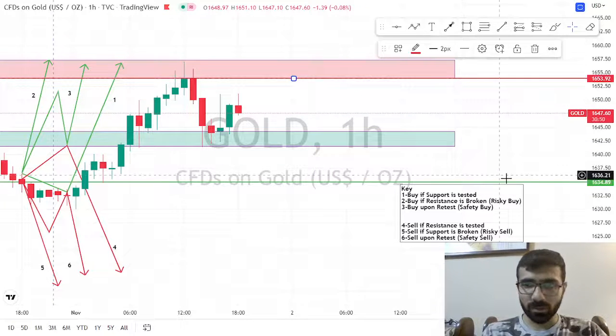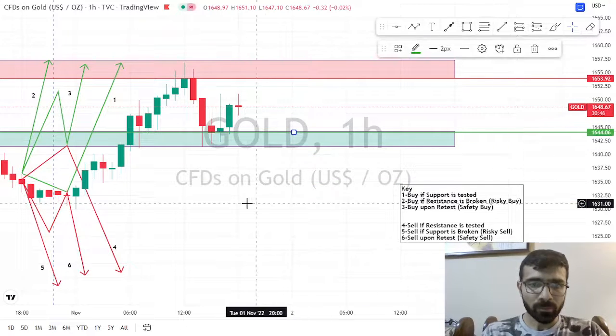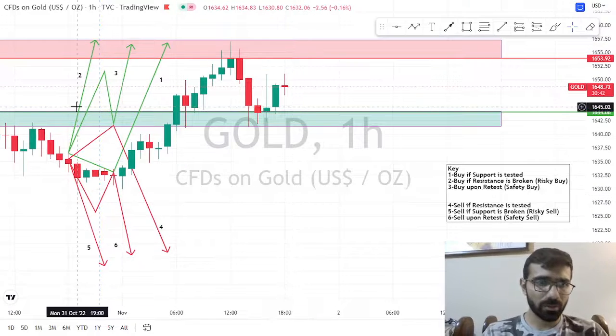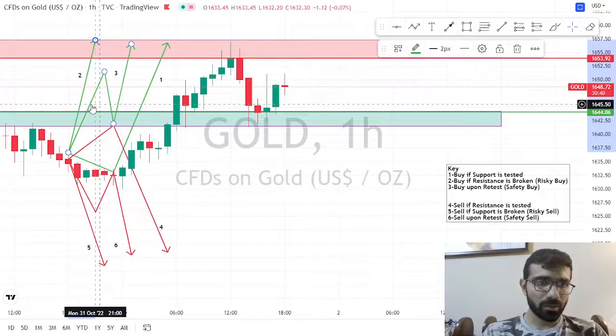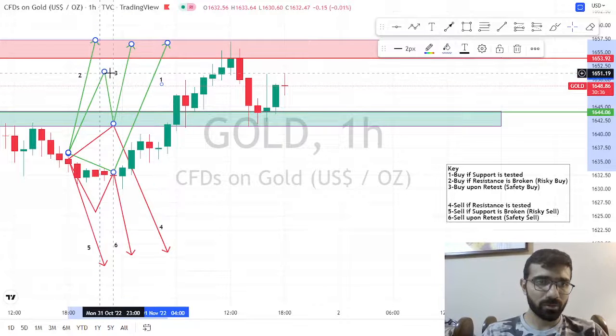This will be the key area. Okay, and now I'll be moving all the scenarios forward as well.